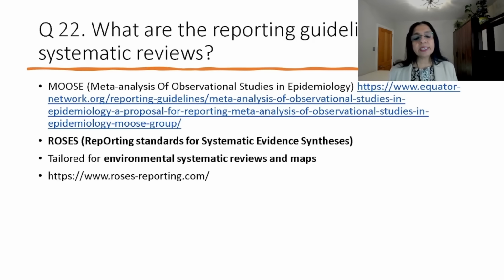This is specifically for observational studies in epidemiology. Then there is another reporting standard called ROSES, Reporting Standards for Systematic Evidence Syntheses, tailored for environmental systematic reviews and maps, and that is also available from the ROSES site.